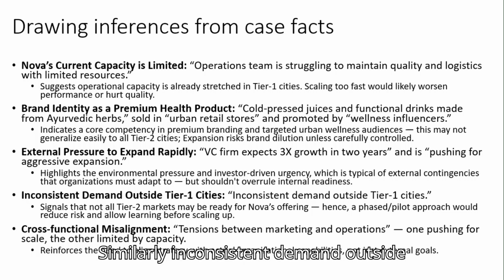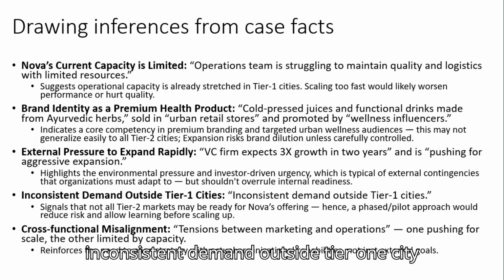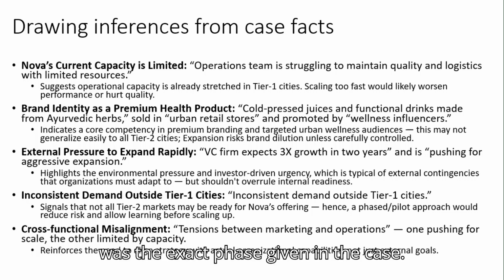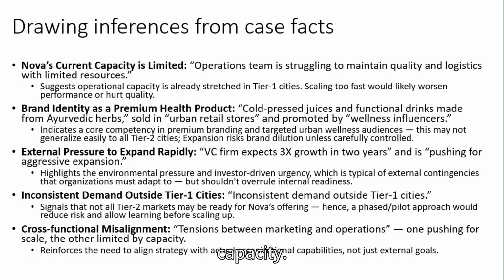Similarly, inconsistent demand outside tier 1 cities. How do you know that? Inconsistent demand outside tier 1 cities was the exact phrase given in the case. Cross-functional misalignment, because it was there in the case that tensions between marketing and operations exist, one pushing for scale, the other limited by capacity.